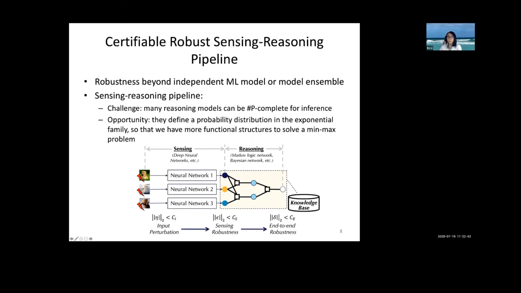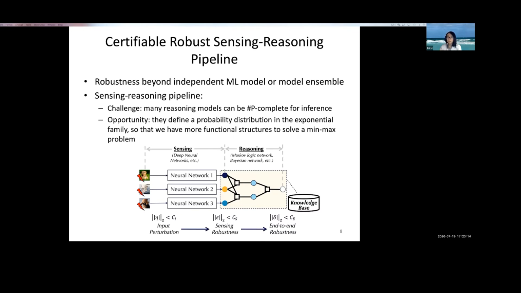So here I mainly want to emphasize that there are both challenges and opportunities for this pipeline. In terms of the challenge, different from neural networks, whose inference can be executed in polynomial time, many reasoning models such as Markov logic networks can be Sharp-P complete during inference. So this raises the hardness of the computation.